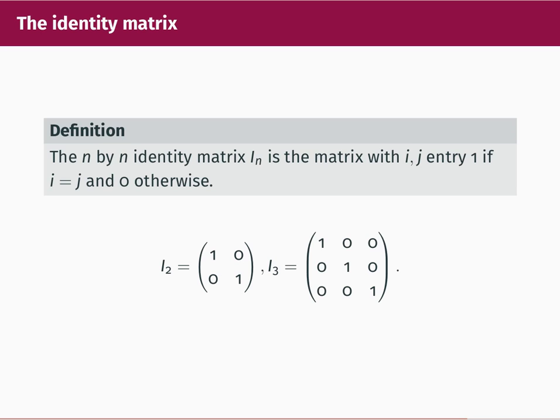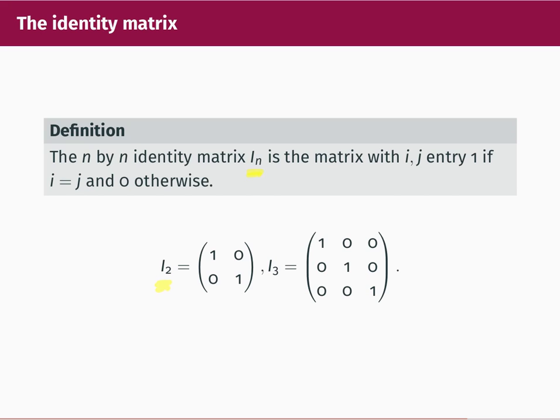When you multiply numbers, there is a special role for the number 1, in that if you multiply something by 1, you don't change it. A similar role for matrix multiplication is played by the identity matrix, which I'm going to define on this slide. The n by n identity matrix, which we write as I subscript n, is the matrix whose ij entry is 1 if i equals j and 0 otherwise.